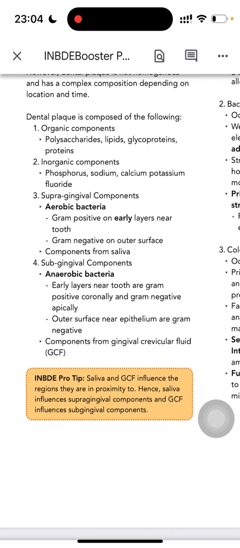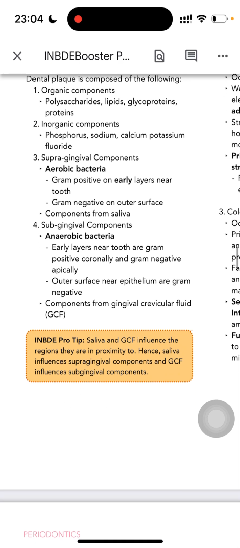Subgingival components: anaerobic bacteria. Early layers near the tooth are gram-positive coronally and gram-negative apically. The outer surface near the epithelium is gram-negative, with components from GCF, gingival crevicular fluid.